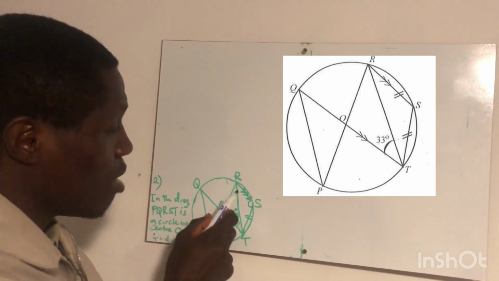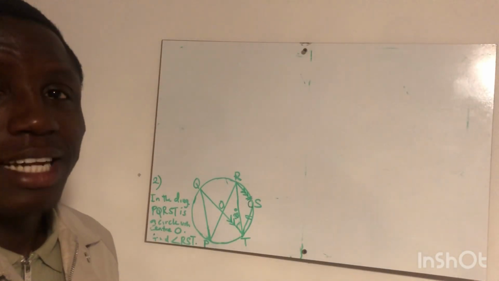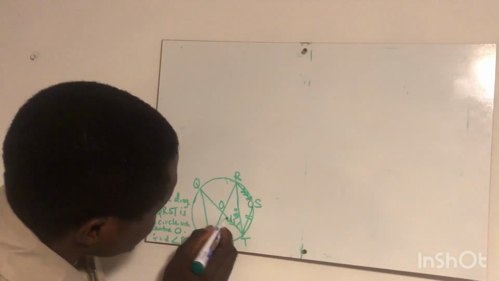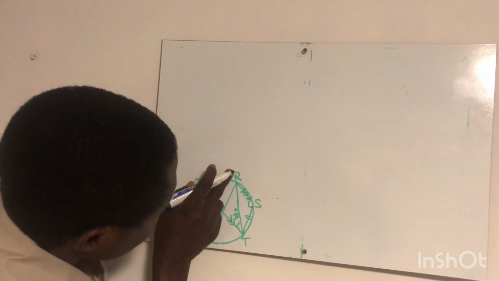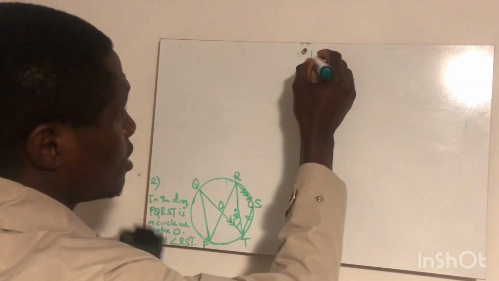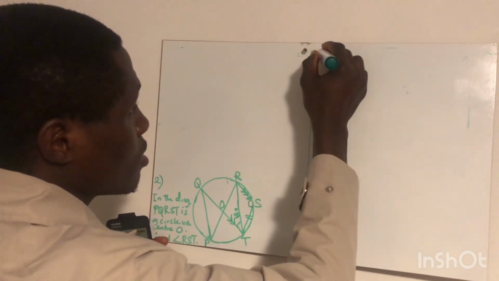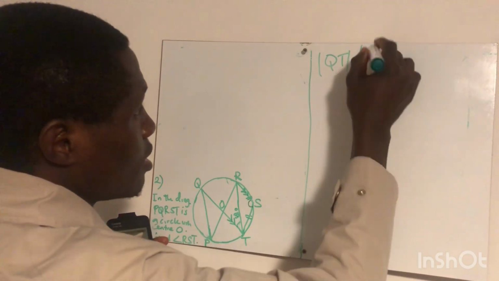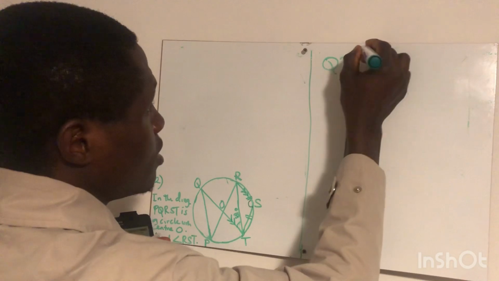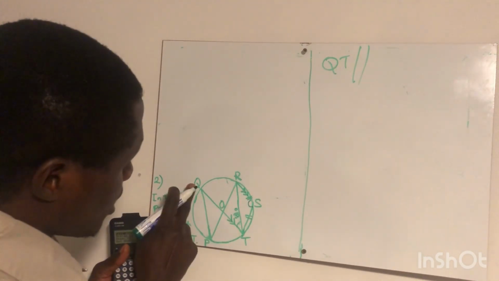Whenever you have parallel lines, there are a lot of principles that govern parallel lines. Now, you can see that if you extend this line here and this line here, line QT, let me write it here, line QT is parallel to RX.